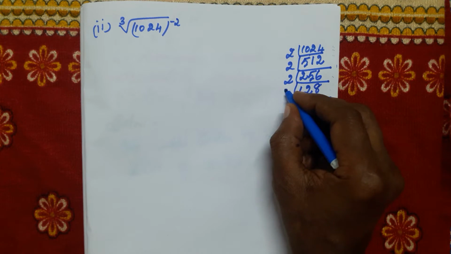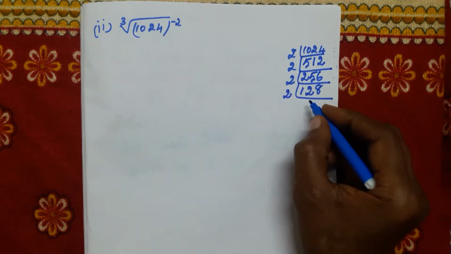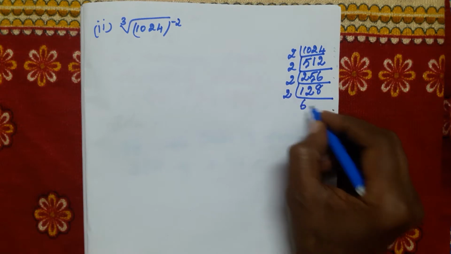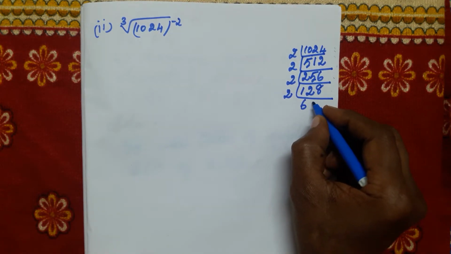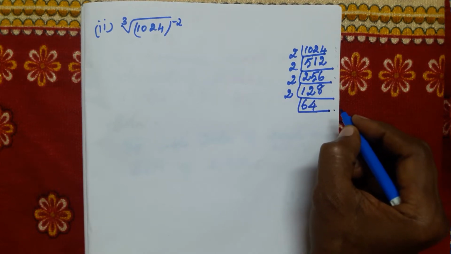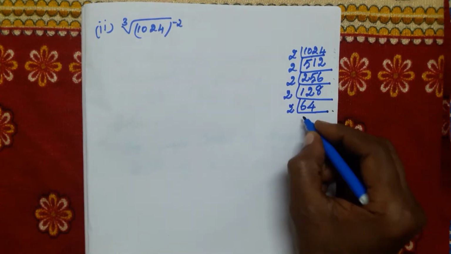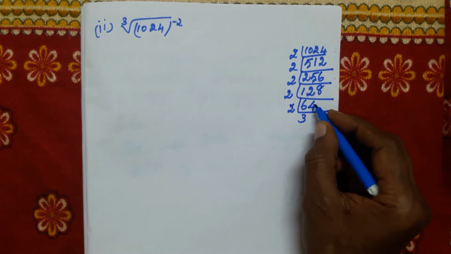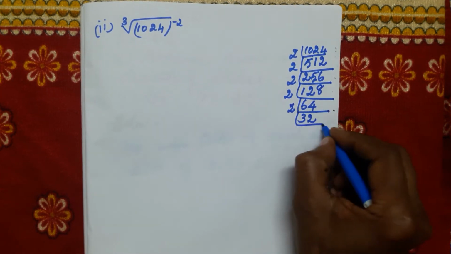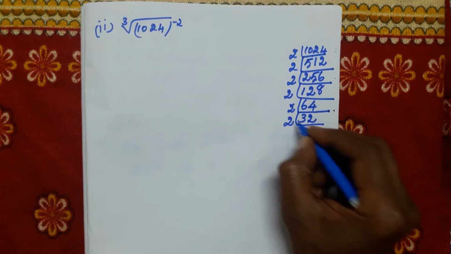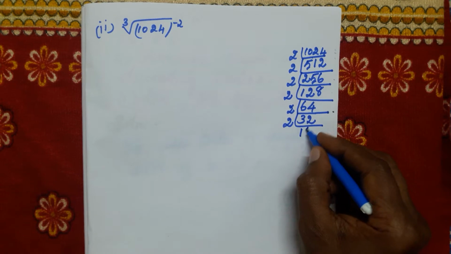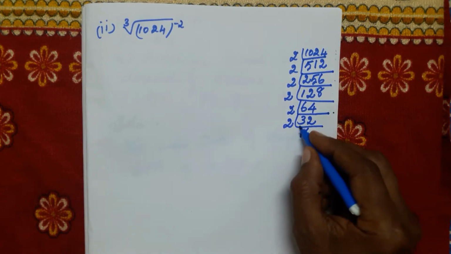Again we can factorize with 2 table. 6 2s are 12, 4 2s are 8. Again with 2 table, 3 2s are 6, 2 2s are 4. Again with 2 table, 1 2 is 2, 1 balance, 6 2s are 12.